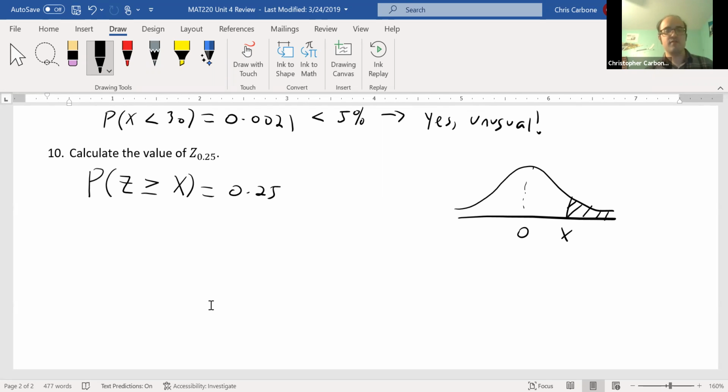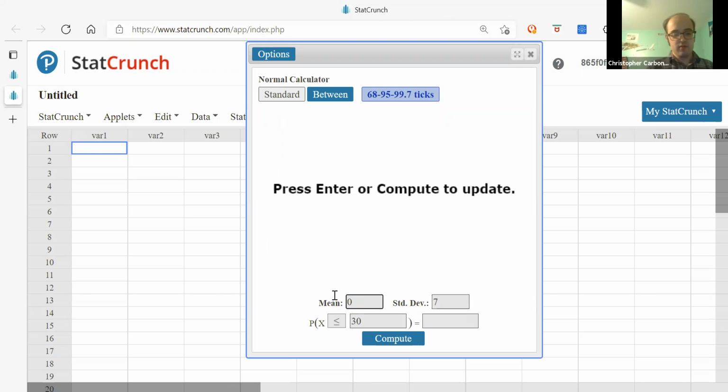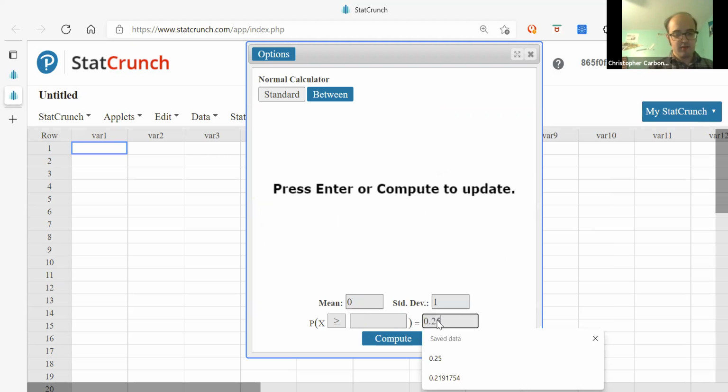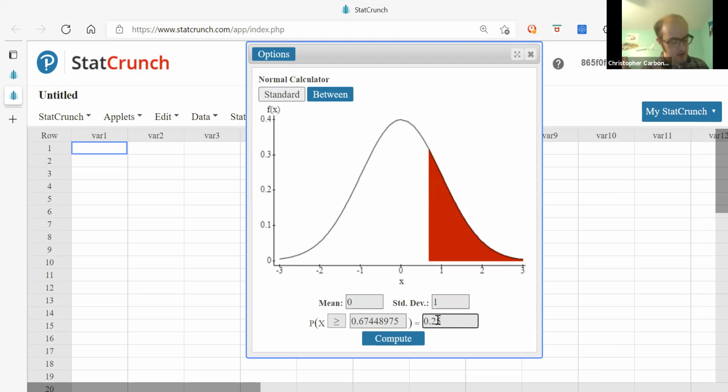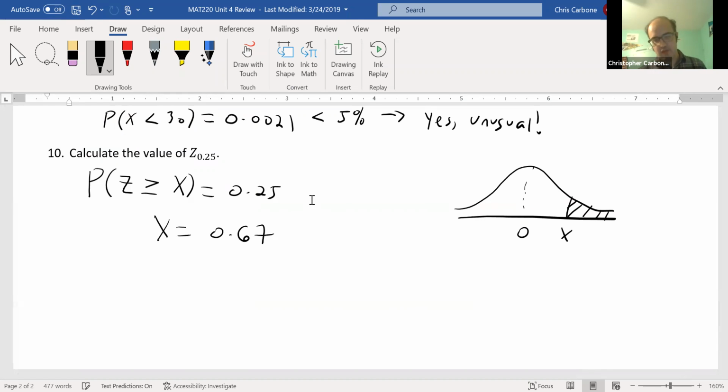So, putting this into StatCrunch, since this is referencing a z-score, this uses a mean of 0, a standard deviation of 1. This needs to change to be a greater than symbol, and we need to put 0.25 into the box on the right of the equal sign. Doing so gives us a z-score rounded to 2 decimal places as 0.67. So x will be 0.67 for this question.